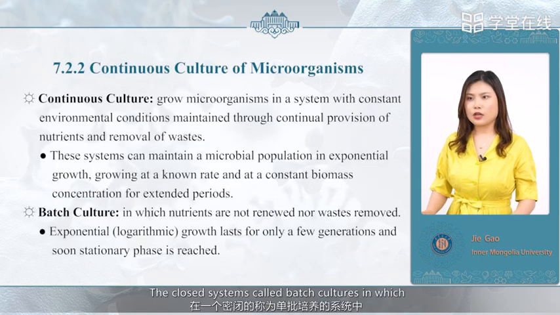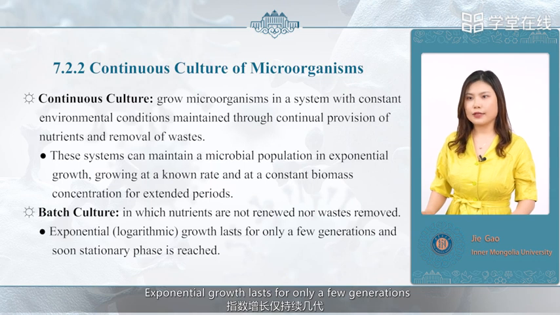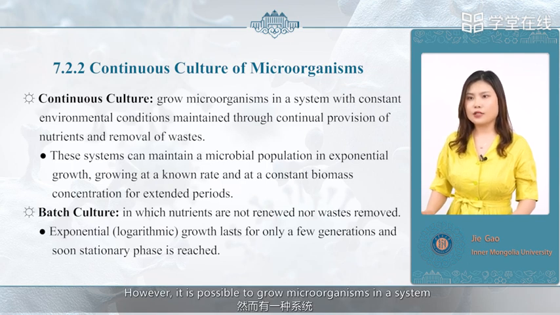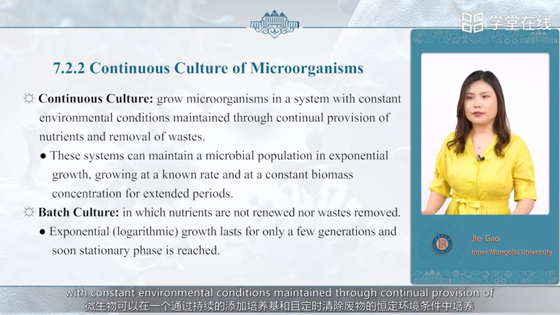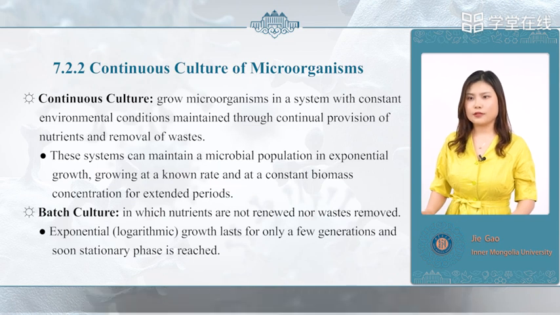This is a closed system called a batch culture, in which nutrients are not renewed nor waste removed. Exponential growth lasts for only a few generations and soon stationary phase is reached. However, it is possible to grow microorganisms in a system with constant environmental conditions maintained through continuing provision of nutrients and the removal of waste.